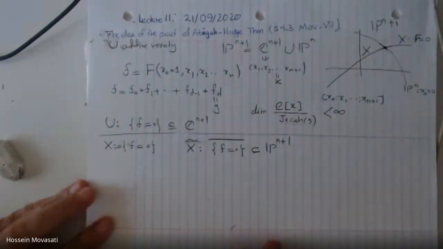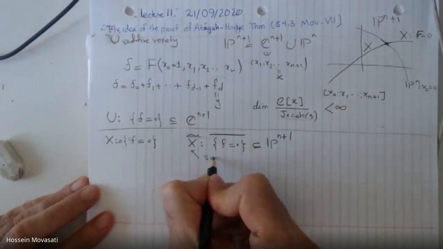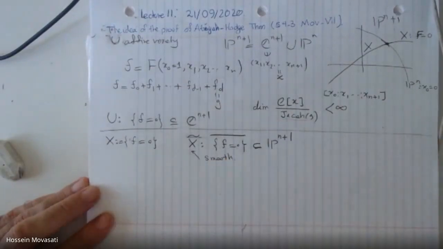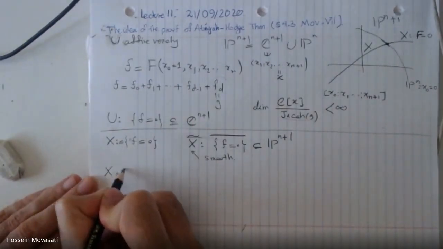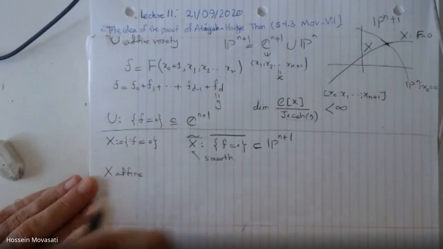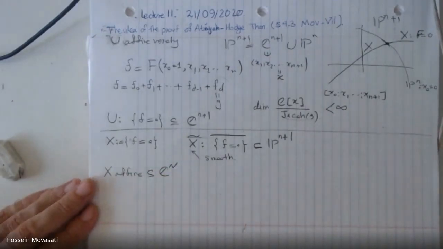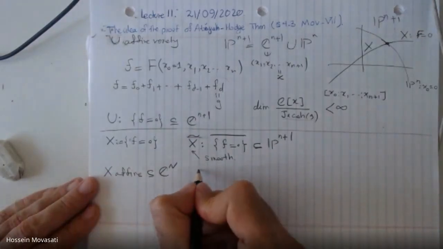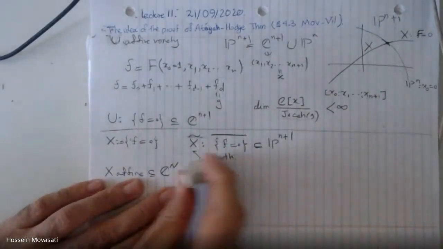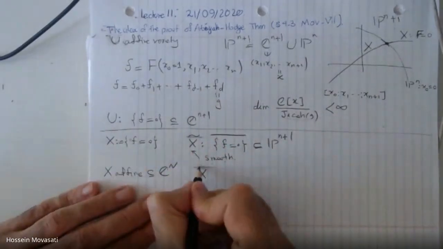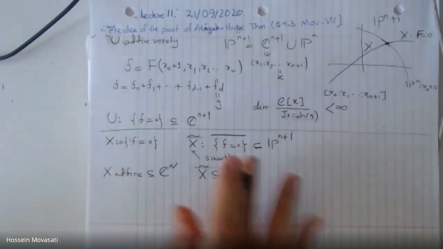Okay, so the point is that this is already smooth. But in general, if I take X affine, let's say inside some C^n, then I projectivize it and compactify it: X tilde inside, let's say, P^n.